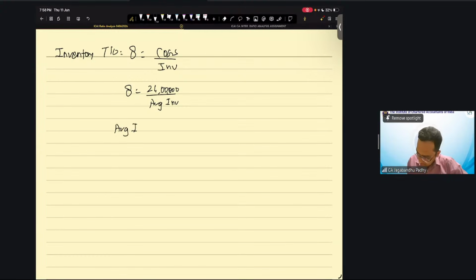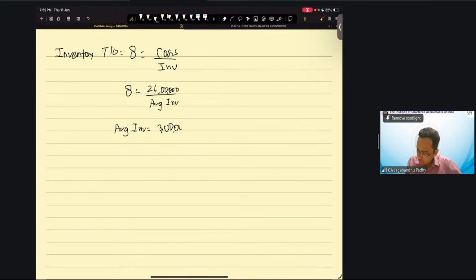So what's the value of average inventory, everyone? 3 lakh.